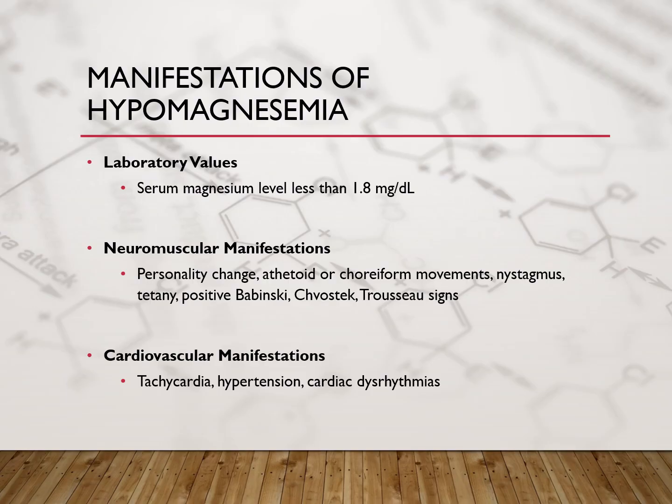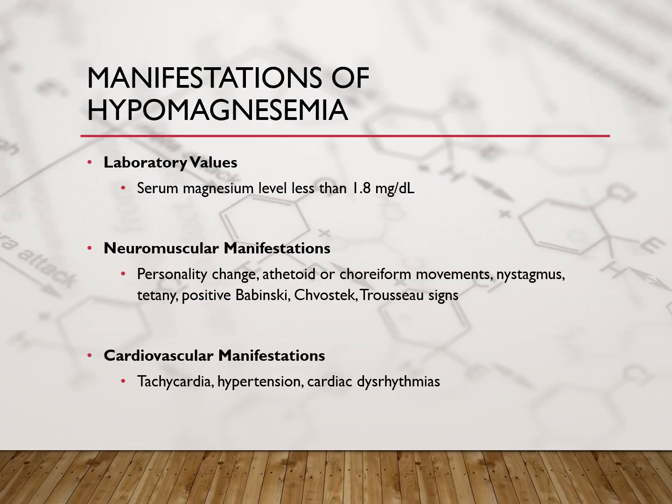So what does it look like when a patient has a relative decrease in their levels of magnesium? So hypomagnesemia. This is a magnesium level below 1.8 milligrams per deciliter. That's the low level of normal for serum magnesium. So that's what you would see on labs. Okay. A lot of the manifestations we see with low magnesium are neuromuscular and cardiovascular related.